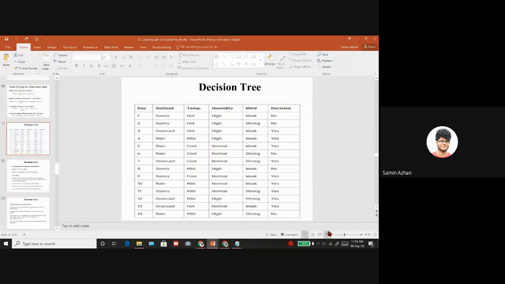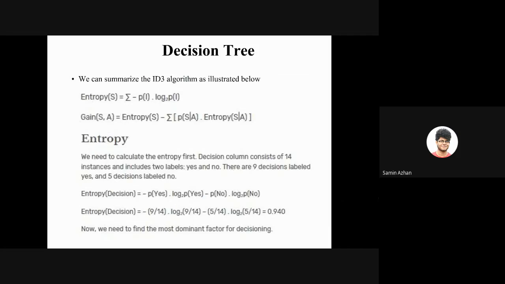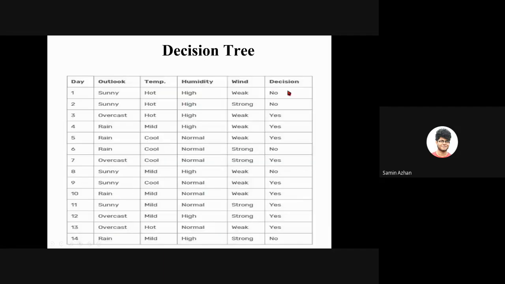So this is our training data set, and we will have to try and figure out a decision tree from this. The first thing we have to do is calculate the entropy of our final output.